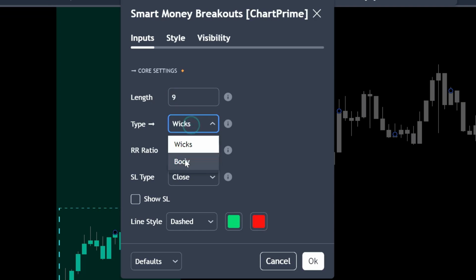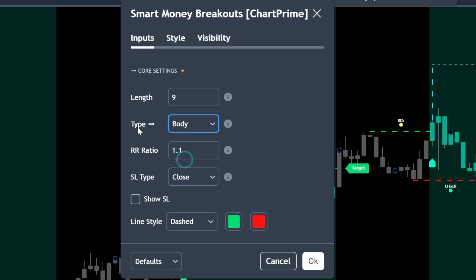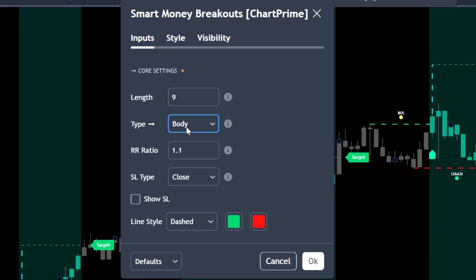This will ensure the indicator focuses on the main body of the candlesticks. To manage risk effectively, we'll set the risk to reward ratio to 1.5. This means for every dollar we risk, we're aiming for a potential profit of $1.5.